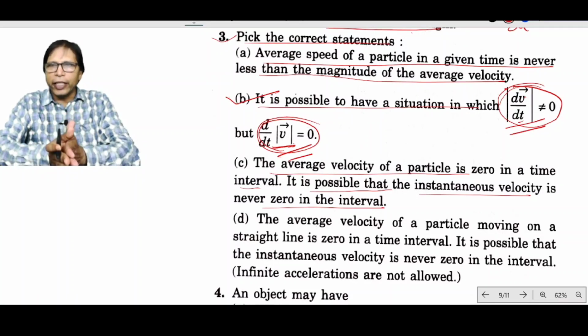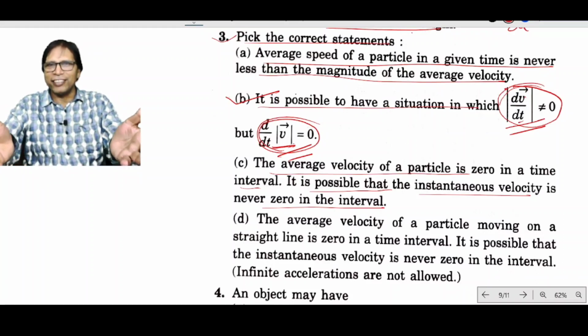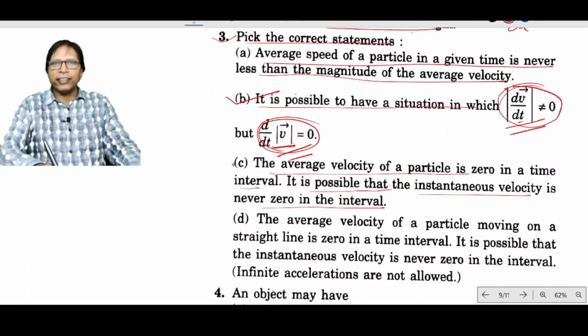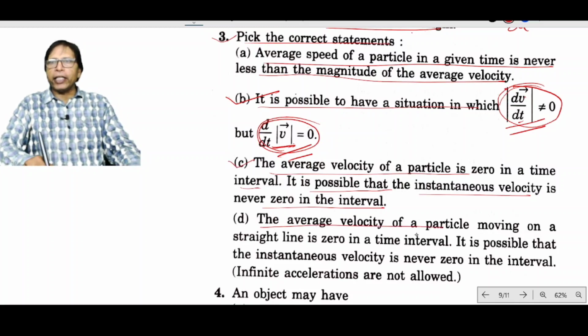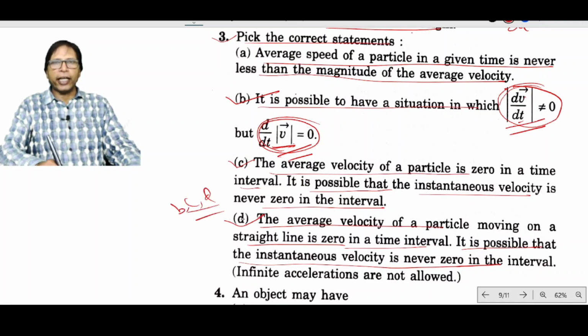This is also correct. Now, the average velocity of a particle moving on a straight line is 0 in a time interval. It is possible that the instantaneous velocity is never 0. Yes, it is correct. So here B, C and D are correct.